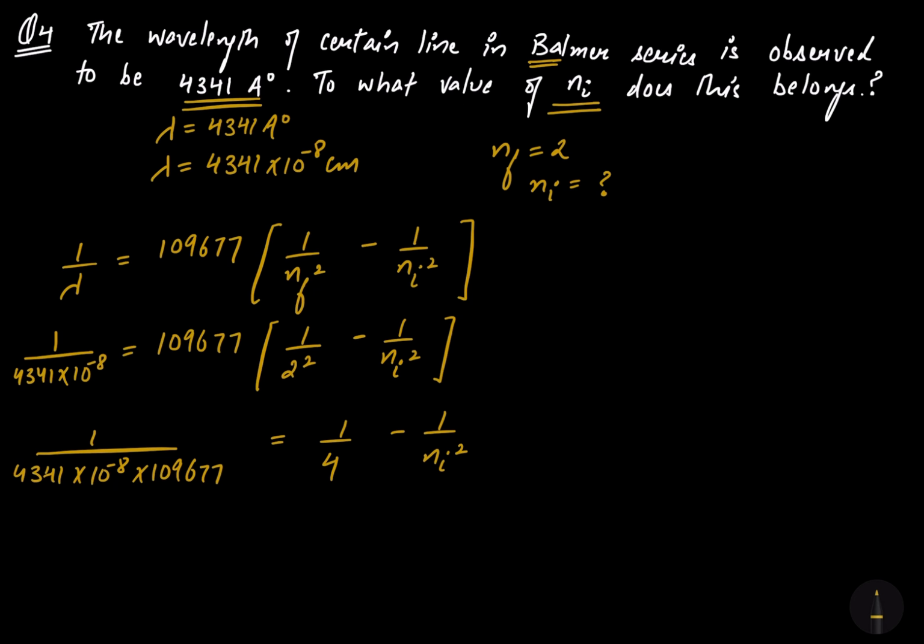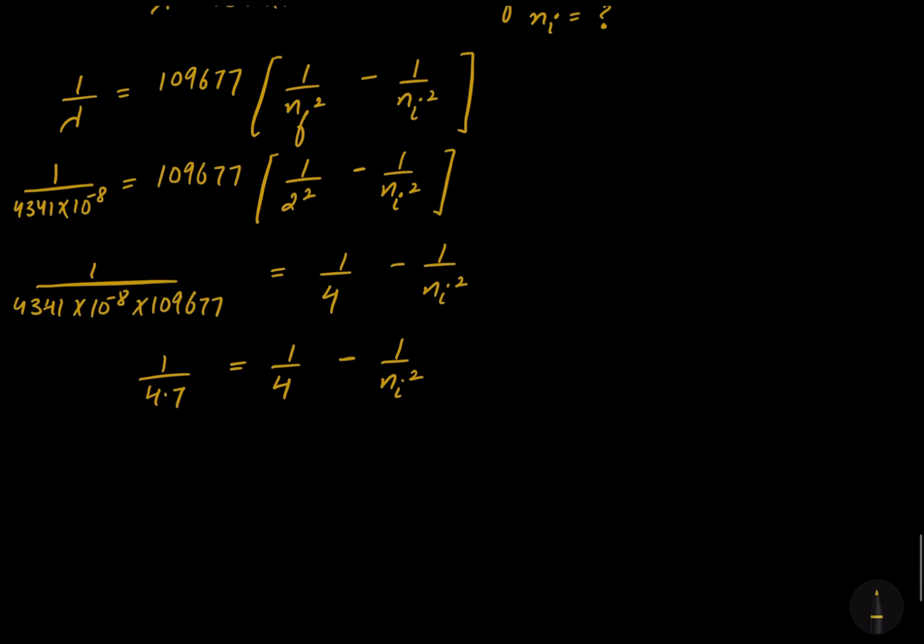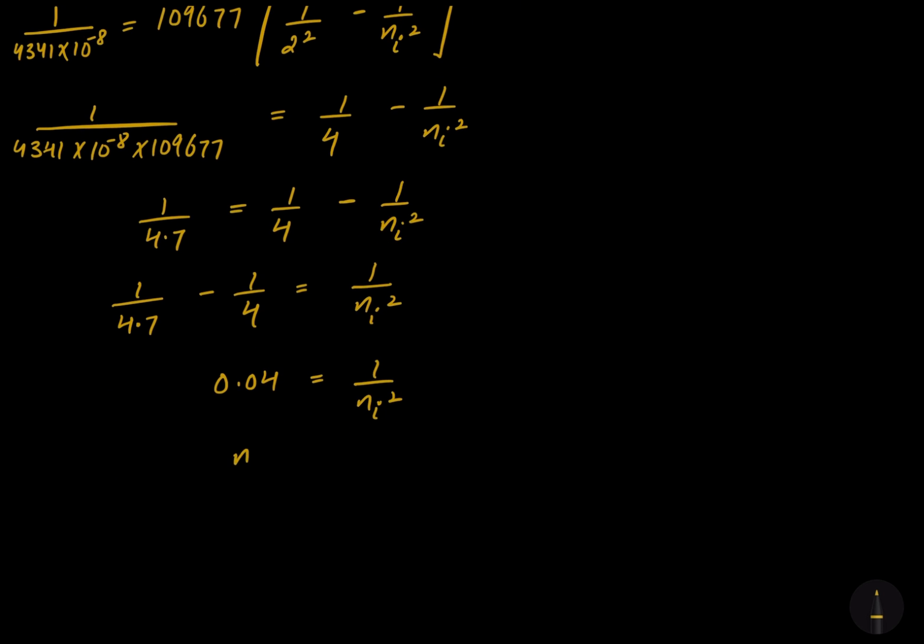So 1 upon 4.7 minus 1 upon 4 comes out to be 1 upon n initial square, and this value comes out to be 0.04 equal to 1 upon n initial square. On reciprocating both sides, n initial square comes out to be 25. So my initial orbit number comes out to be 5.